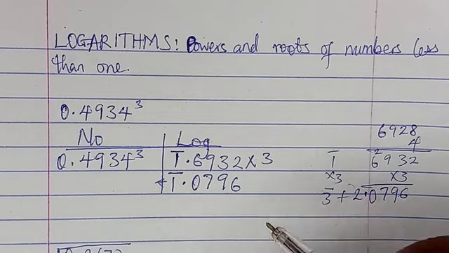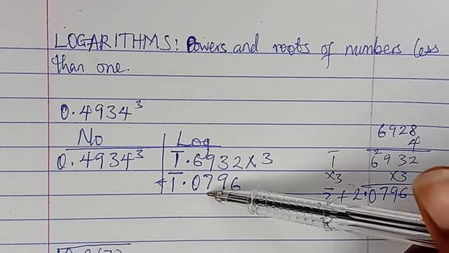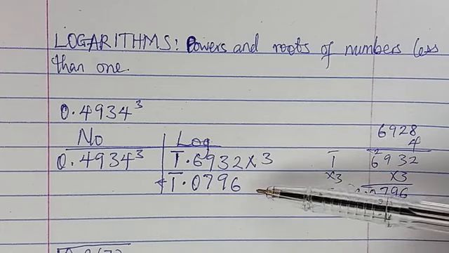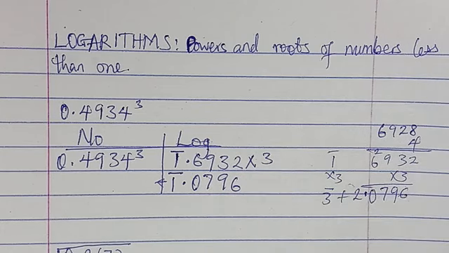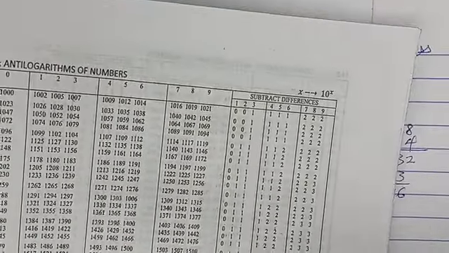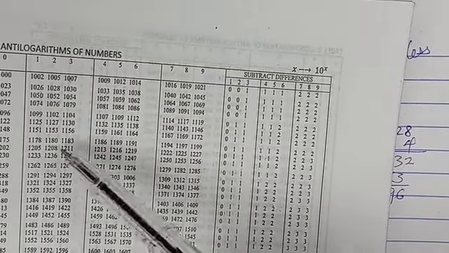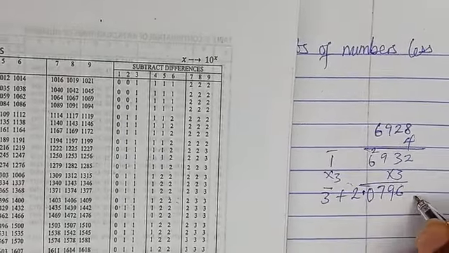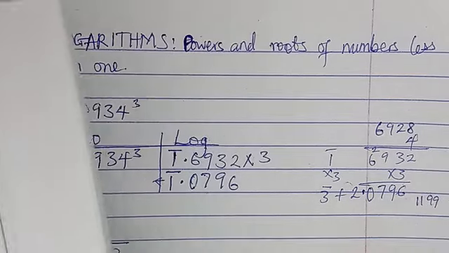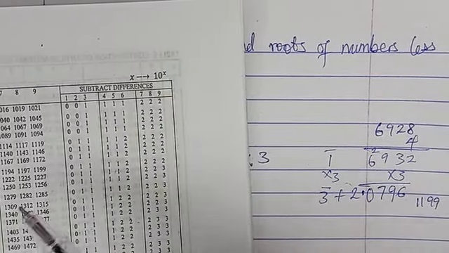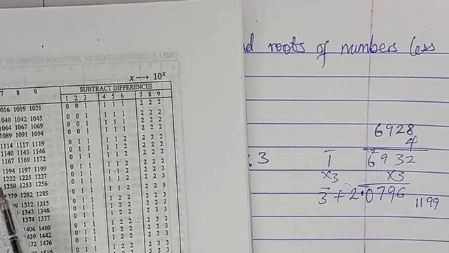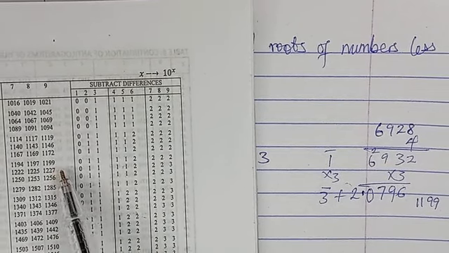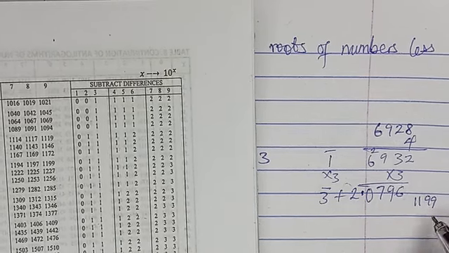So this is now what we have to go to the anti-log tables to look for to get our number. So we go to the anti-log tables, look for 0.07 under 9, difference 6. On the anti-log table, 0.07 under 9 is 1199. Difference 6 is 2.